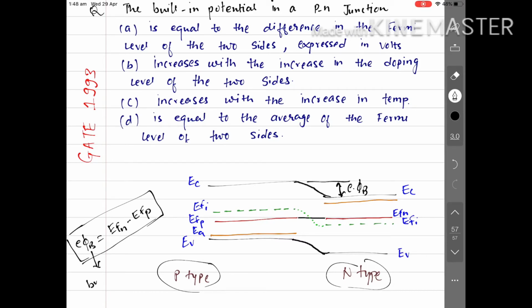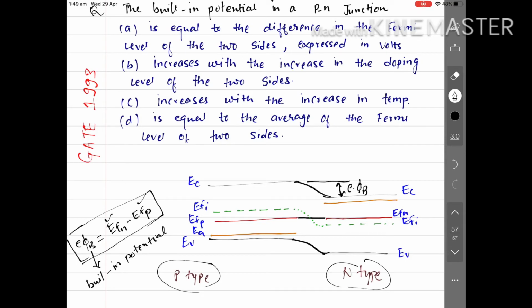So the difference of the Fermi levels is equal to E phi b, and this E phi b is termed the built-in potential. So the built-in potential is equal to the difference in the Fermi levels of the two sides, one side n and one side p.